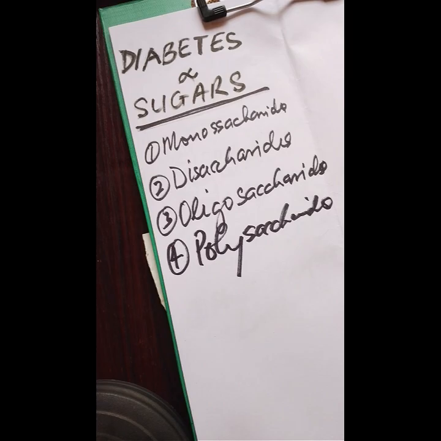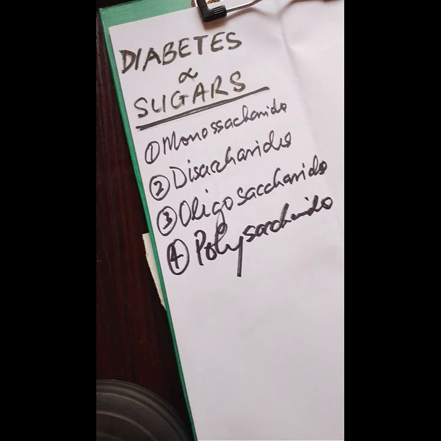We're going to talk about diabetes and sugars, how sugars, called carbohydrates, affect diabetes, so that diabetics, and the people that take care of diabetics, can understand how these carbohydrates called sugars can affect diabetes.